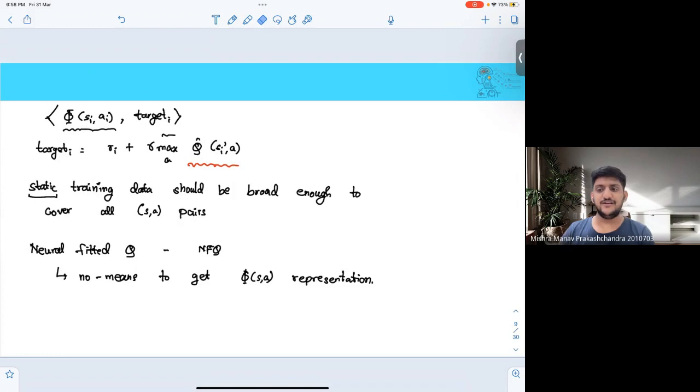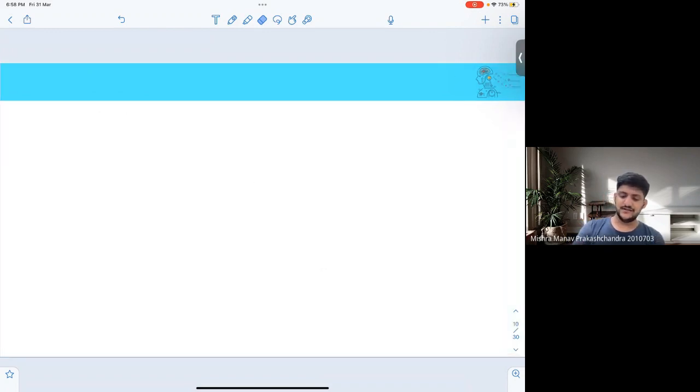You use a neural fitted Q, but there's an issue with the phi si representation. So in order to deal with that, people make use of a DQN. DQN stands for Deep Q Network.